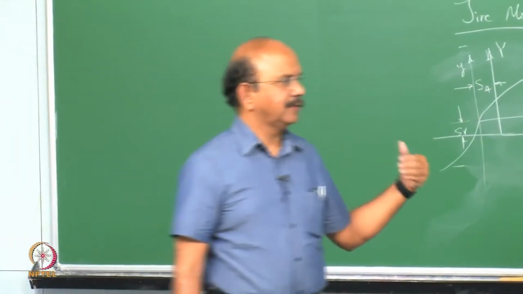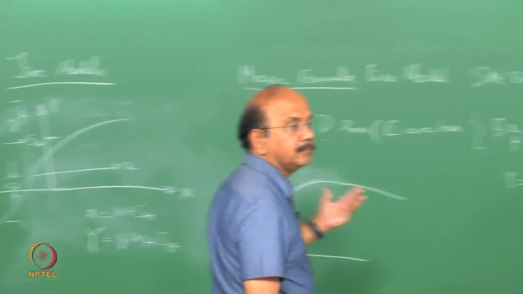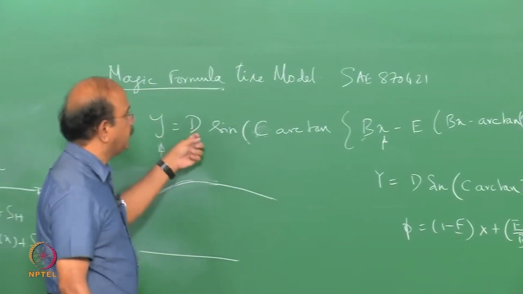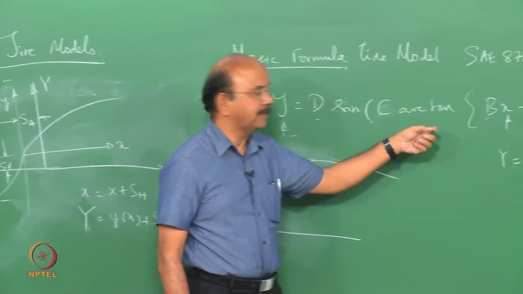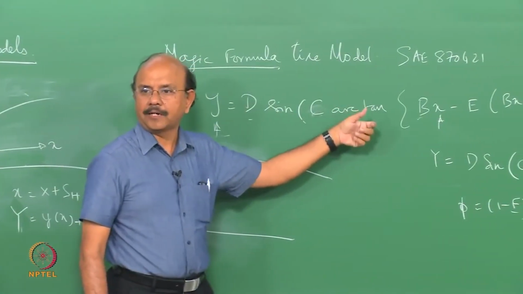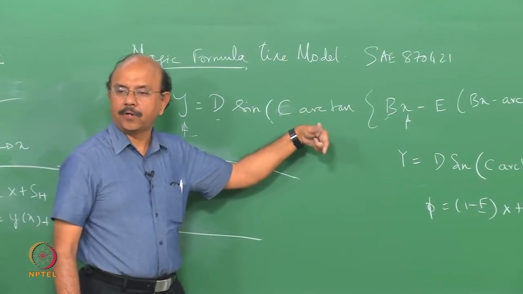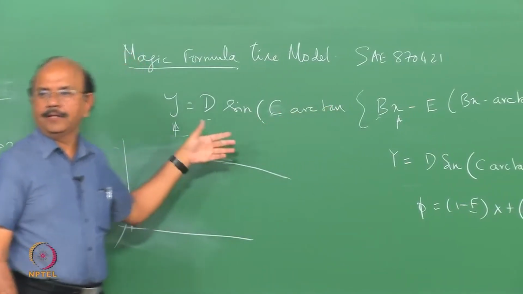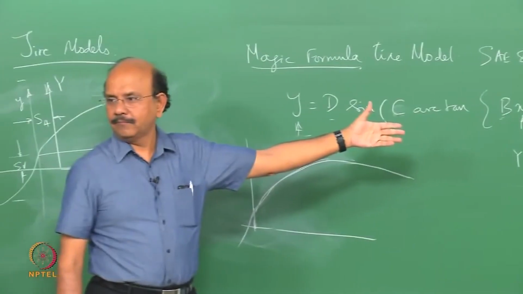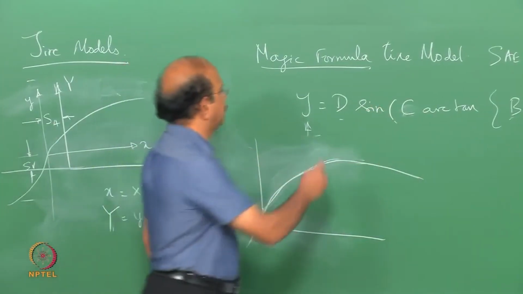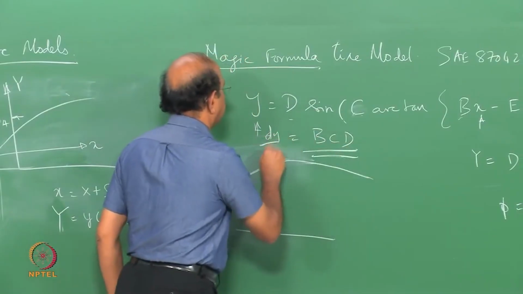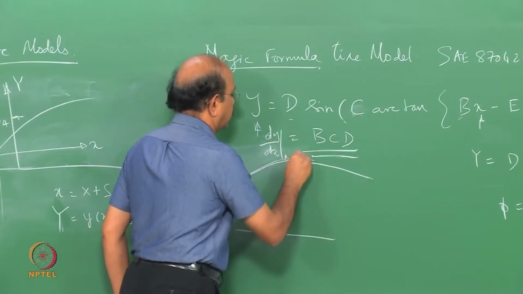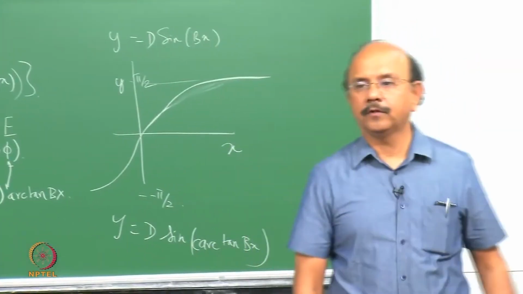Differentiate it: B cos of whatever is inside, then the arctan derivative is 1 by 1 plus x squared, and so on, and then put x equal to 0. You'll get that it's equal to BCD. So dy by dx at x equal to 0 becomes BCD. So BCD is the initial slope of the curve.